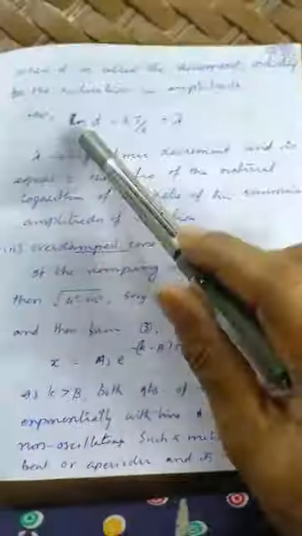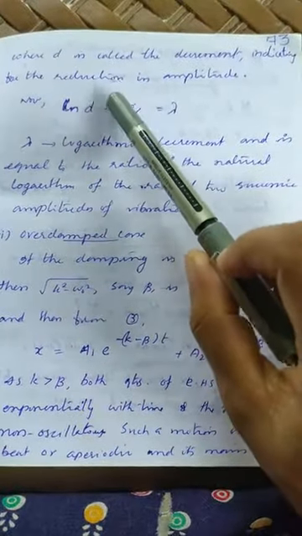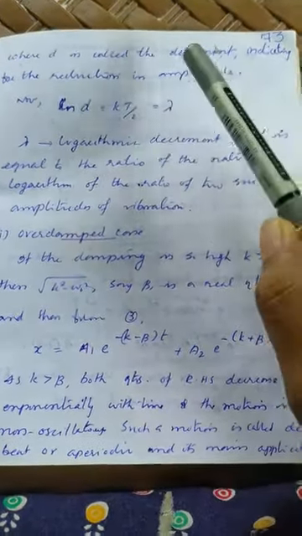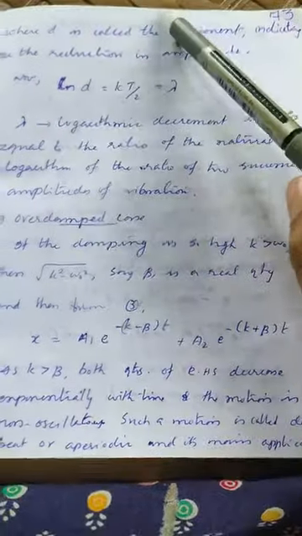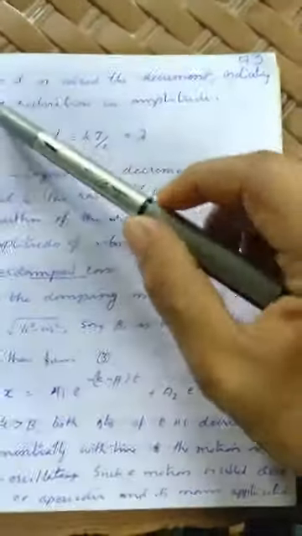Here d is called the decrement, indicating the reduction in amplitude. So this term d, e to the power kt by 2, represents the decrement in amplitude. So this is how much the amplitude is decreasing in every interval.